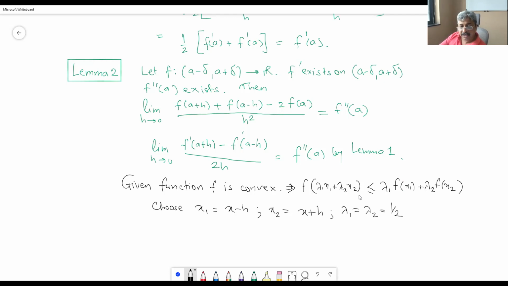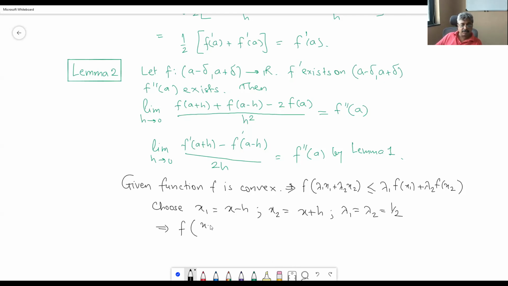Simplistic. We can create complications here and still we can prove the theorem. But if we keep it simple, it will be easy for us to prove. Therefore, f of lambda 1 is half, x1 is x minus h.